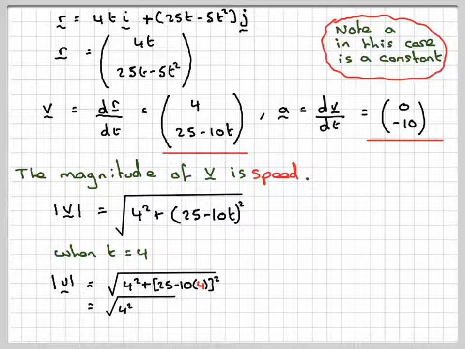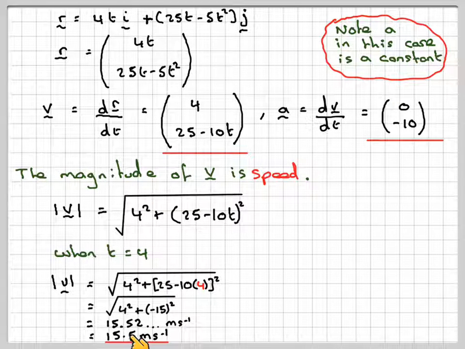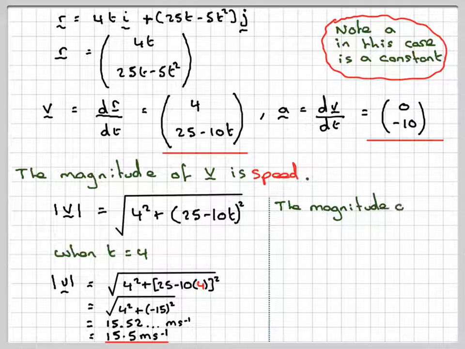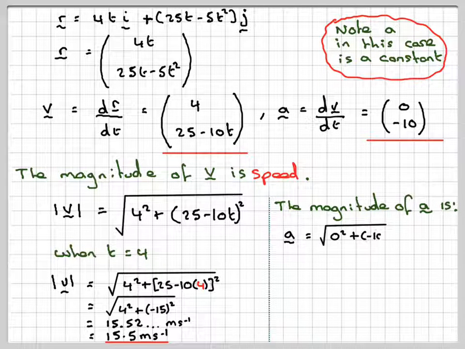So that gives me 4 squared plus minus 15 squared, which gives me 15.52 meters per second, or 15.5 meters per second. For the magnitude of the acceleration, we don't need to worry about t being 4, because it's always going to be the square root of 0 squared plus minus 10 squared, which is 10 meters per second squared. Okay, the minus sign just means it's acting downwards.